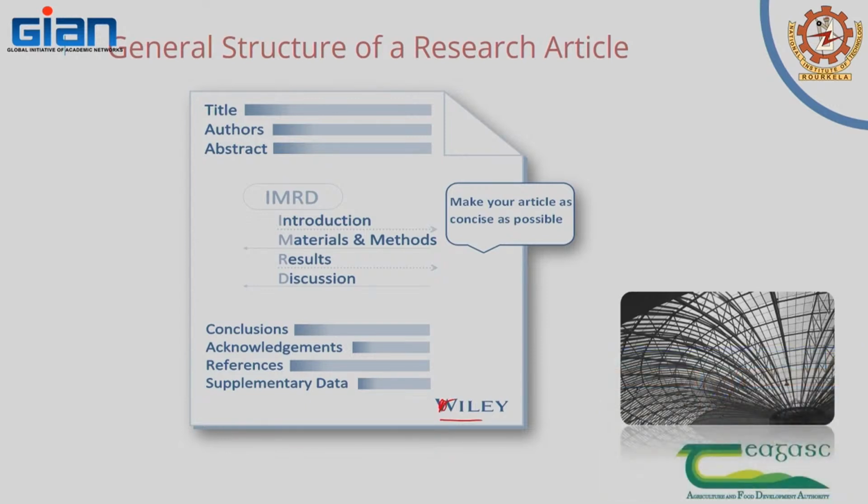General introduction, general conclusion, and done. You do not have to write a classical thesis. So, what all is important? Title, authors, abstract, all these things are important. Then IMRD, that is introduction, material and method, result and discussion, are all in place. This is not only for this particular journal, but for any journal. You have Elsevier, you have Springer, different publishers, but pretty much it is the same.